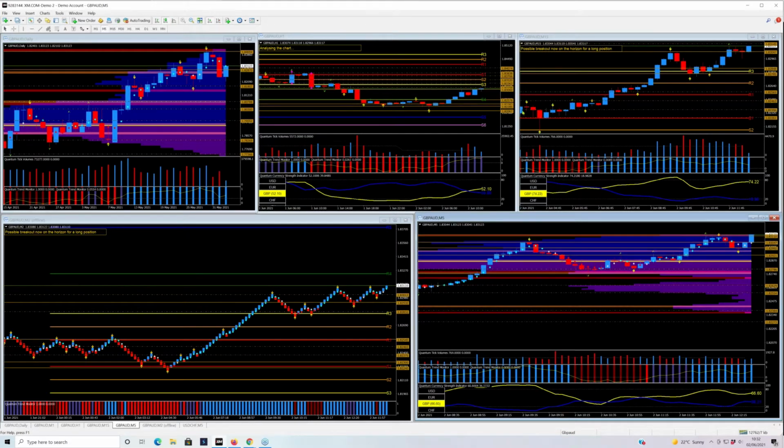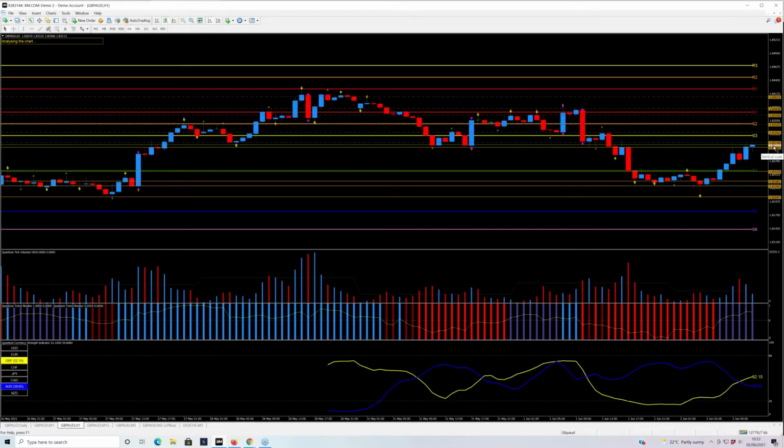Then you move to the slower time frames, and this tells you in more detail exactly where this pair is likely to pause, and it's likely to pause there at the S3. So if you've missed the first move, or you've got into the first move and come out and think, oh, I might go in again, the hourly chart tells you where this is going, and it's very clearly on the S3.